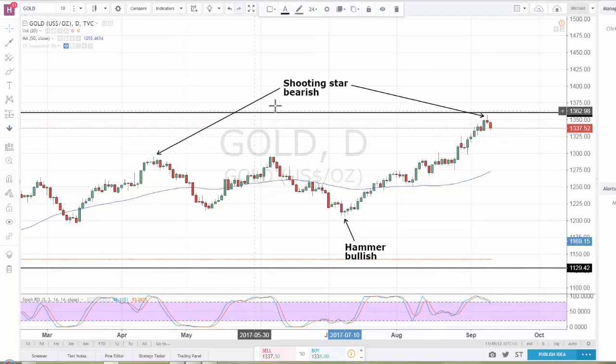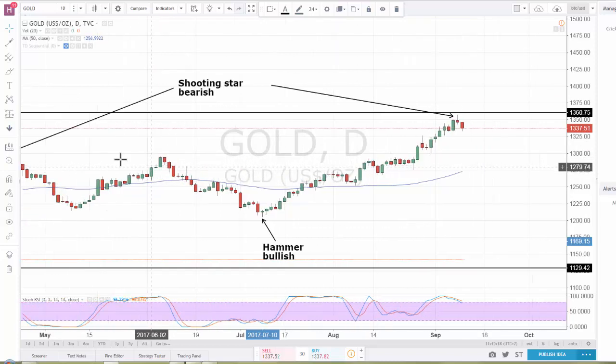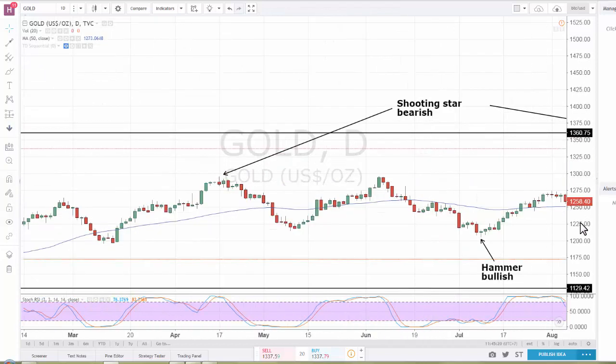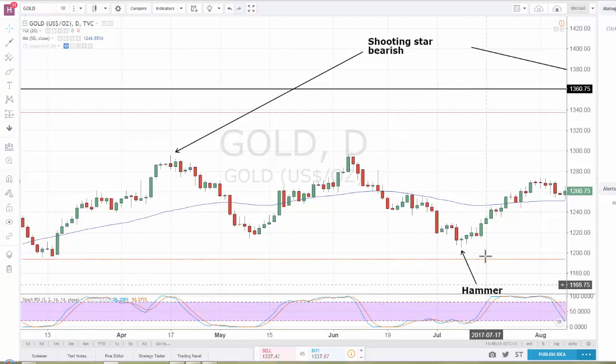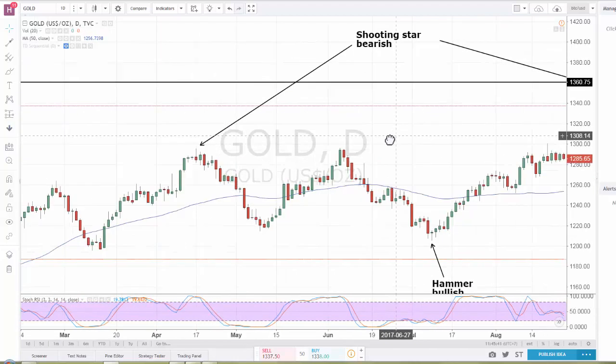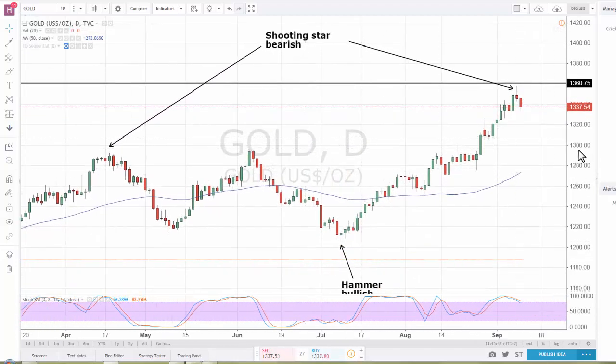The shooting star is, as we can see here, the opposite of the hammer. It's a small body candle with a long shadow in the upper part. And the hammer is the other way around. It's a small body candle with a long shadow on the downside, which looks like a hammer. That's why it's called a hammer. And the shooting star is like a hammer upside down.